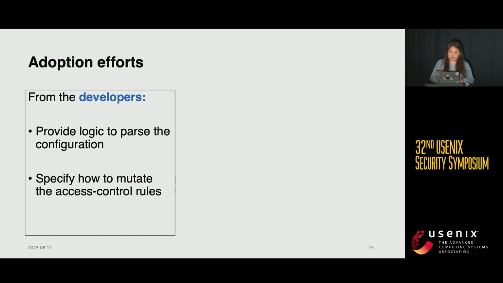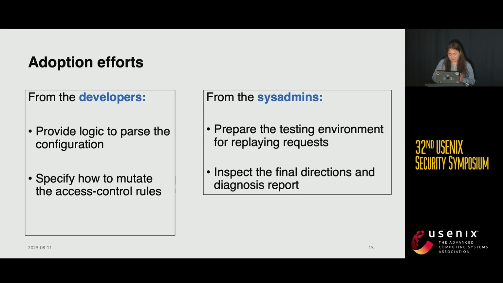And this is a one-time effort since we realize configuration rules don't change often. However, it could be a considerable effort. And then from the system administrators, we ask them to prepare a testing environment for replaying the requests and inspecting the final directions and the diagnose reports.